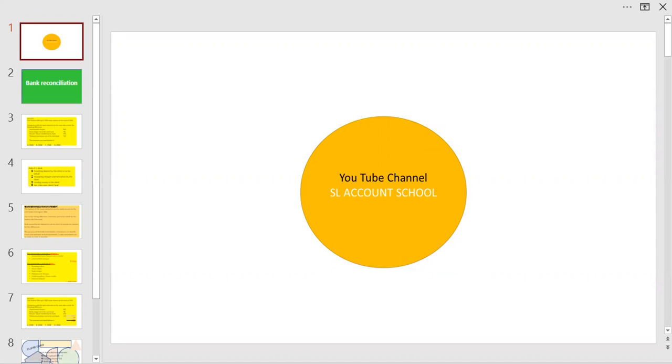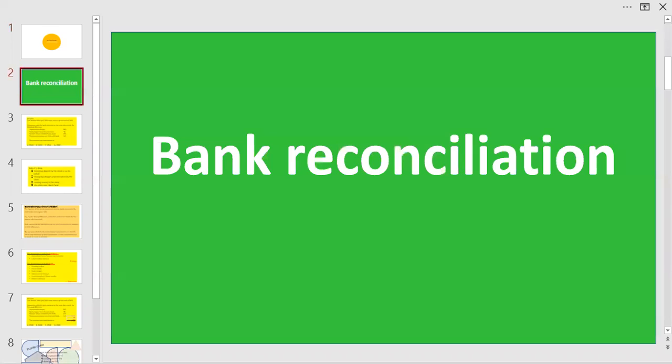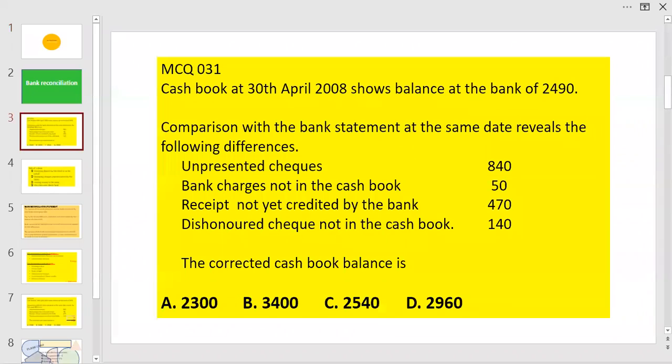Today's topic is Bank Reconciliation Statement. First, let us look at a question which reads: the cash book at 30th April 2008 shows a balance at the bank of 2,490. Comparison with the bank statement at the same date reveals the following differences.